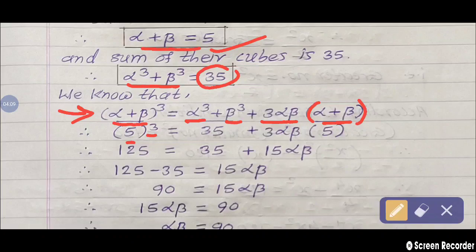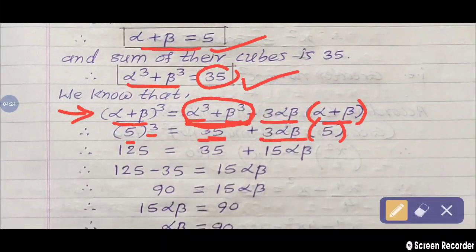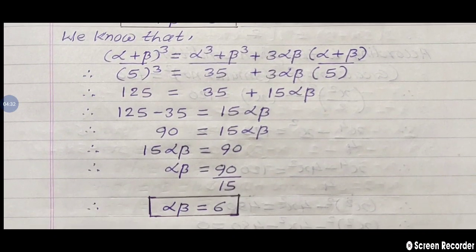alpha cube plus beta cube. This value we know, that is 35, and we substitute it here. So 35 plus 3 into alpha beta in bracket, and again alpha plus beta is 5. Solve it carefully after substituting the values.